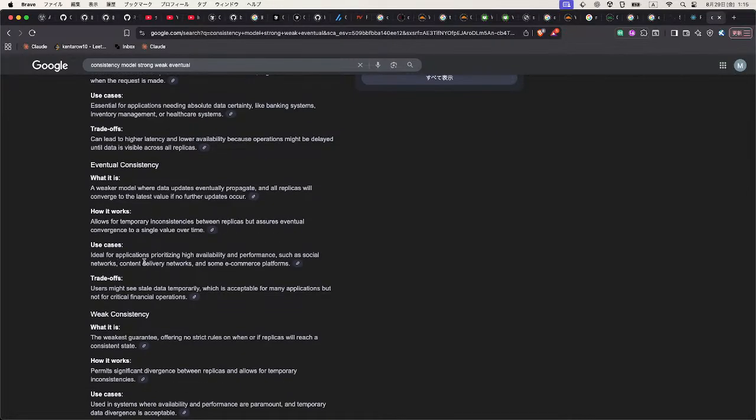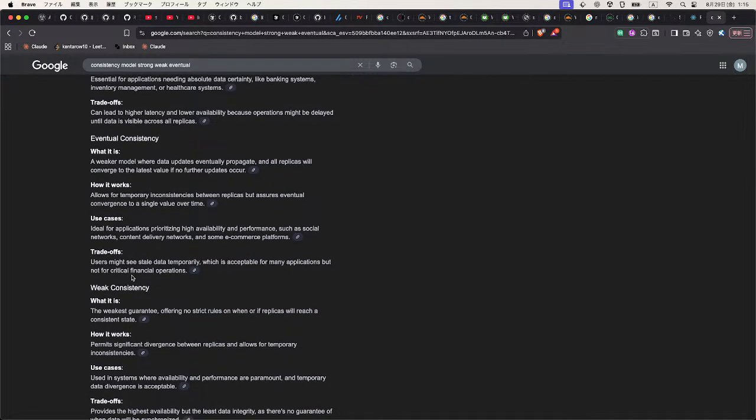It is ideal for applications prioritizing high availability and performance, such as social networks, content delivery networks, and some e-commerce platforms. Users might see stale data temporarily, which is acceptable for many applications but not for critical financial operations.